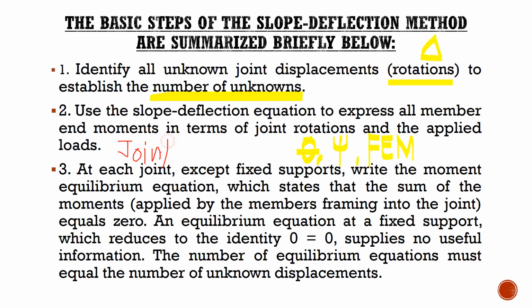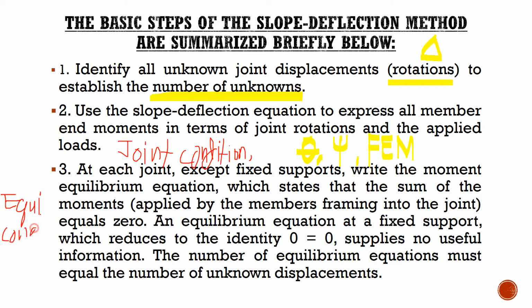Okay? So the joint condition is number 3, or what is also called the equilibrium condition.